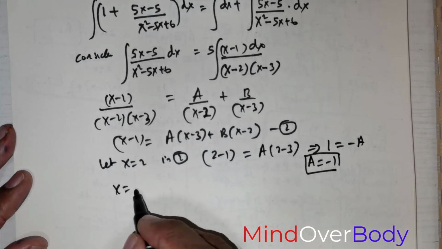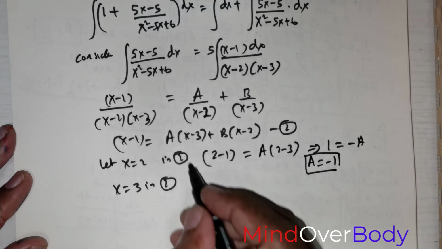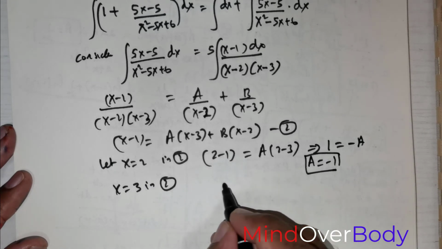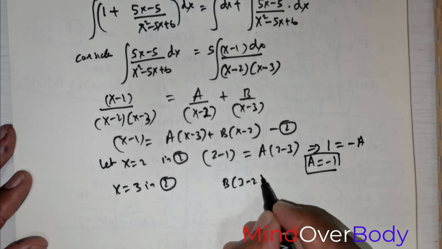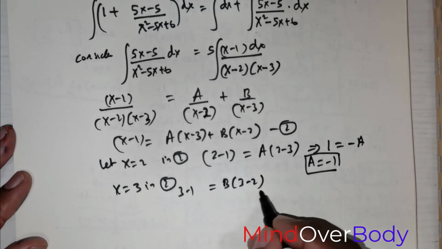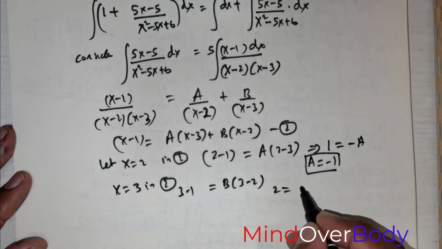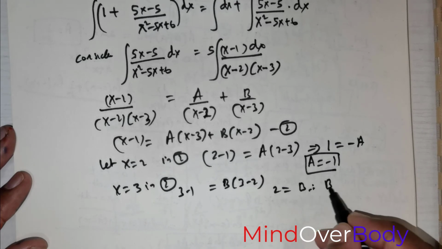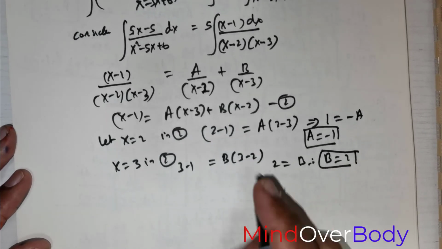Then x equal to 3, so the A term will vanish, and this will give me B of (3 - 2), which gives 3 - 1, so 2 is equal to B. Therefore the value of B is 2, so I got A and B.